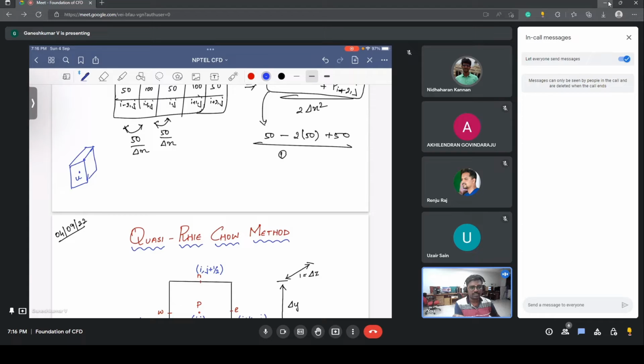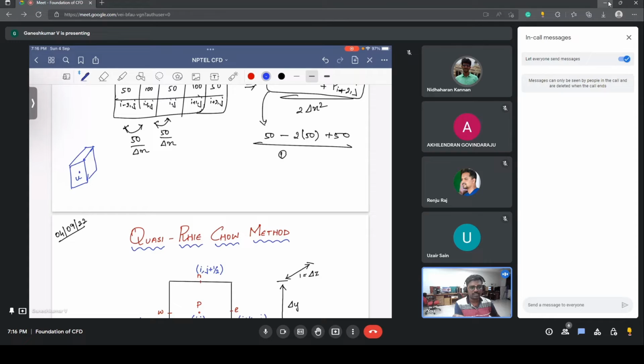So upwind means phi P is equal to phi W, right? Because the property is moving from here to here, so from phi P you go to phi W. That's why the first one is phi P.